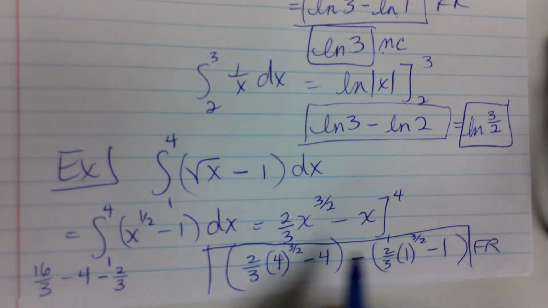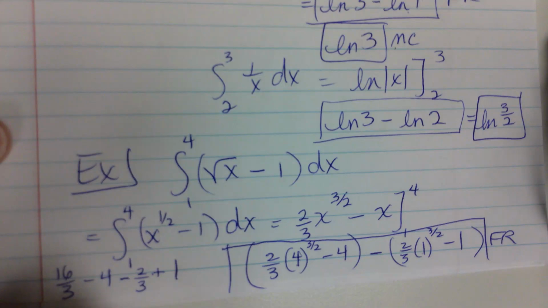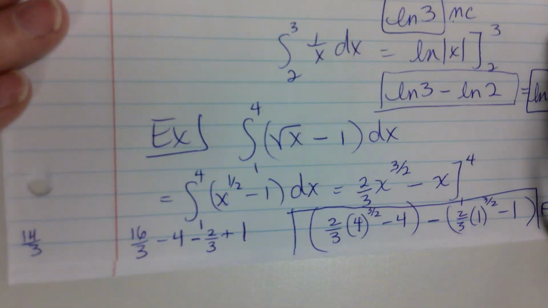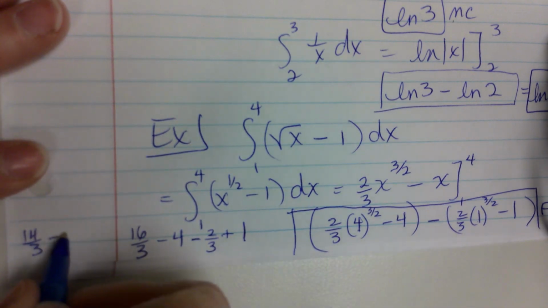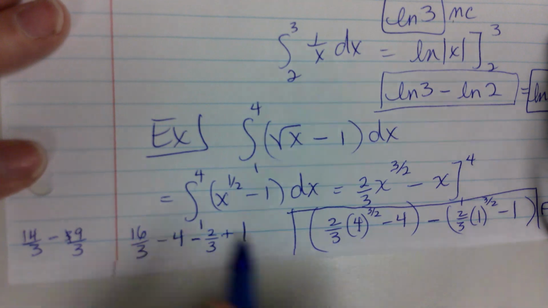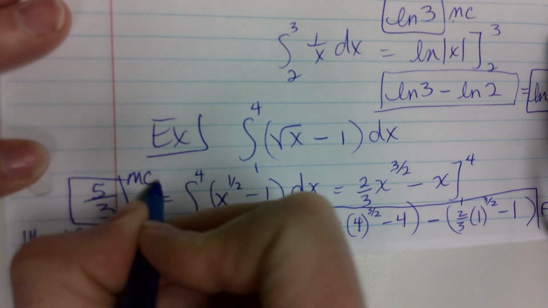Negative times negative would be plus 1. What's 16 thirds minus 2 thirds? 14 thirds minus 3, which is actually 9 thirds, right? 5 thirds would be the multiple choice answer.